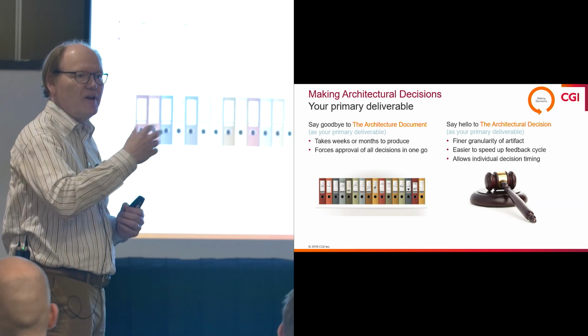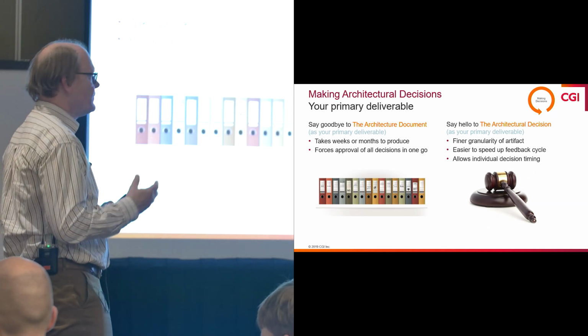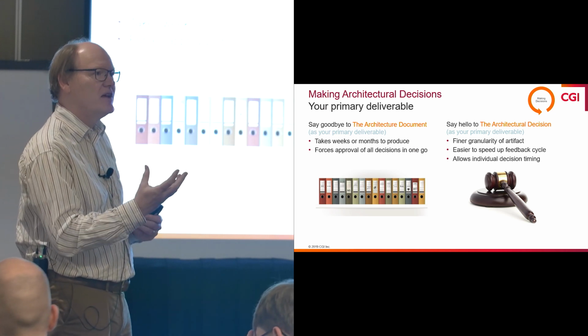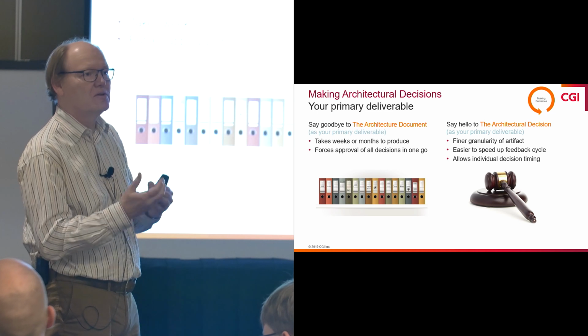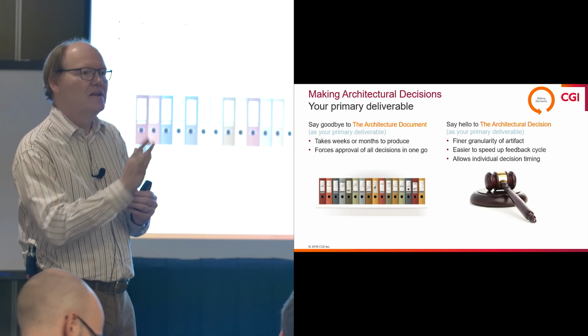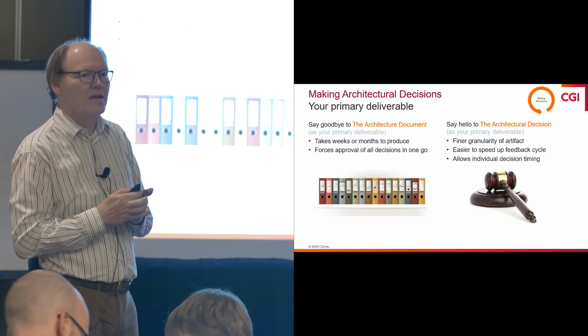And they allow you to have a quicker feedback loop. If you are looking at those decisions individually rather than as part of a big document that you're delivering, that allows you to also consciously time these decisions separately.